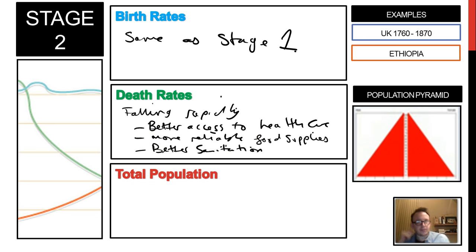Okay, at this point here, population is starting to increase. That's because there is a difference between the birth and the death rates. Okay, death rates are lower than birth rates.